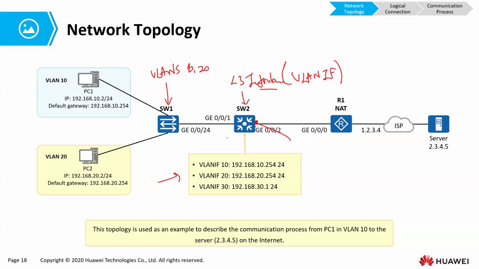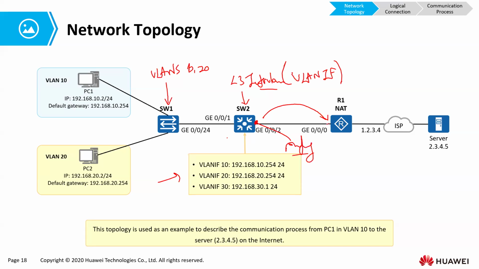But if we want to route using physical interfaces, they will need to be enabled to allow them to route. So since it is connected to an interface, to this router, this will need to be enabled for routing.